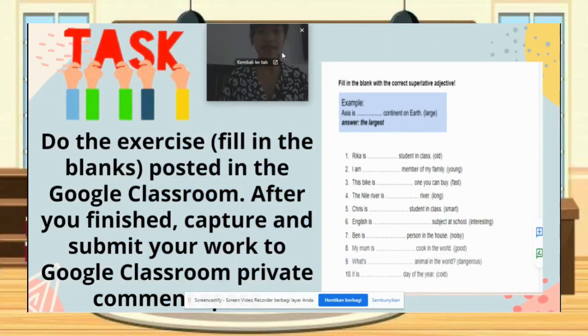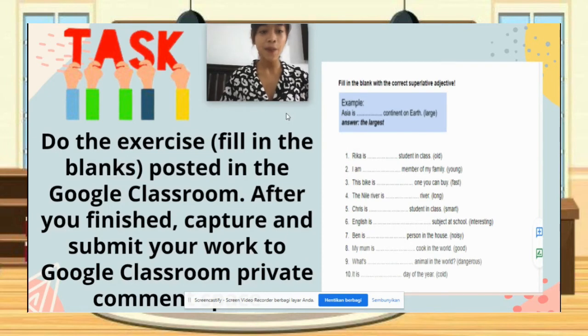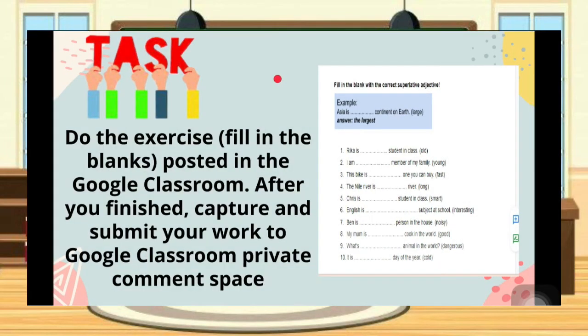For the task, it will be explained by Miss Nidia. Okay class, so Miss Vivit has already explained the materials regarding the superlative adjective, and now Miss Nidia will explain about the next activity that you have to do. So for the next activity, you will have a task.